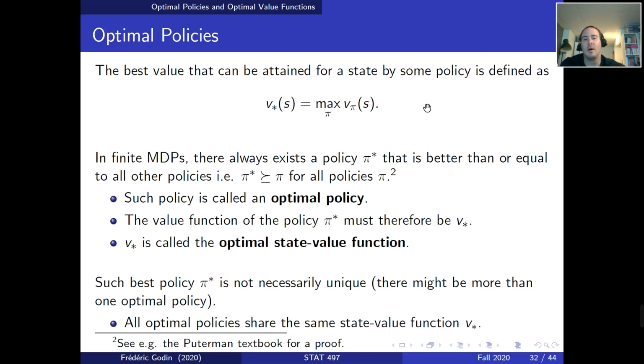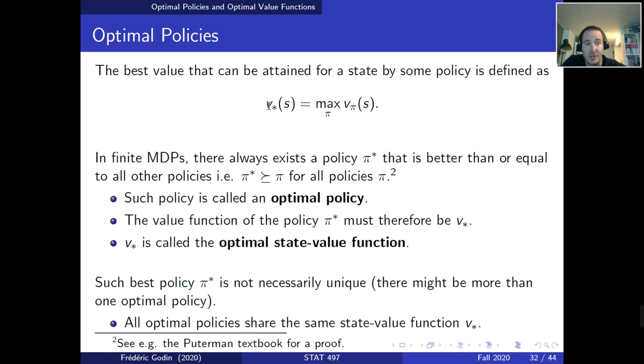For any state S, V star of S is defined as the maximum across all policies pi of the value associated with policy pi of that state S. So this is the definition of V star of S. It's the highest possible value for that state across all policies.